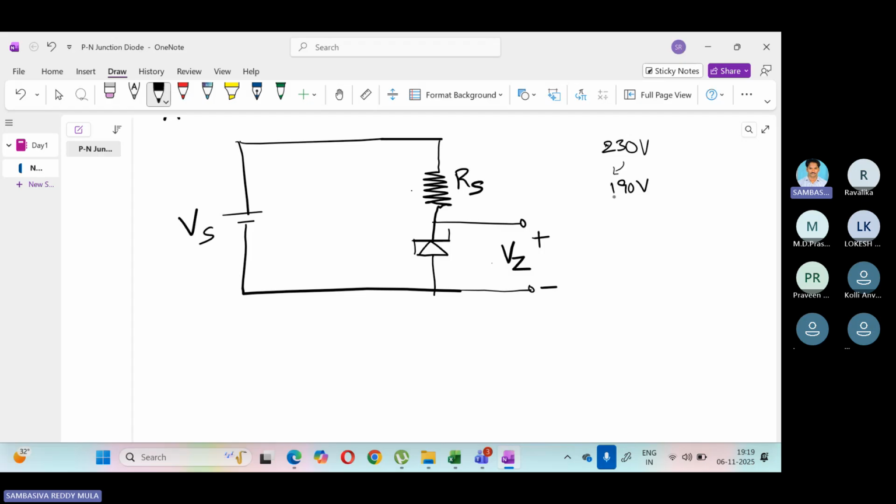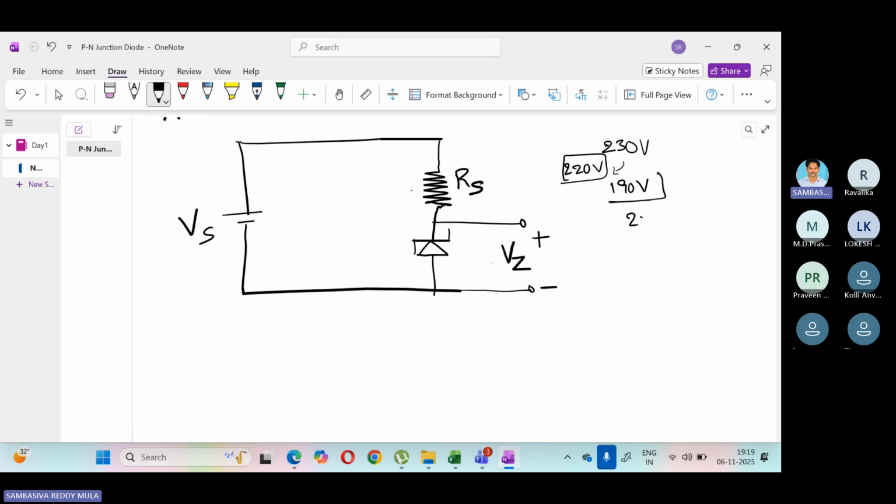Why? Because if the supply voltage is less than 230 volts, the device will be in the off state. So it is slightly lesser than 230, around 210 volts, 200 volts like that.